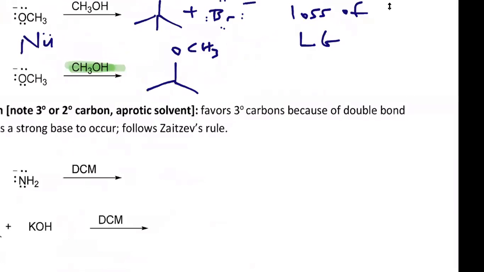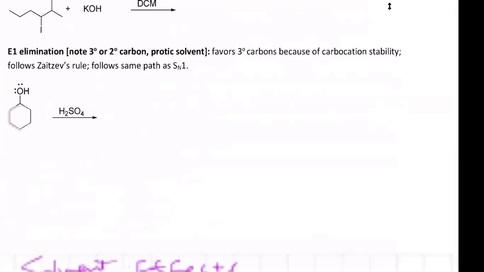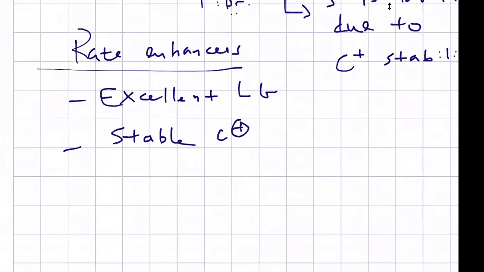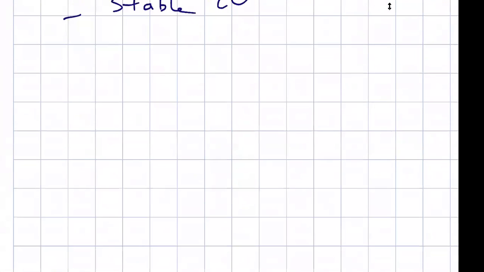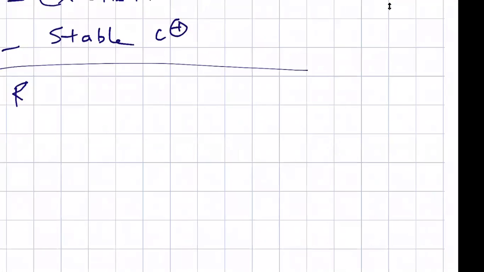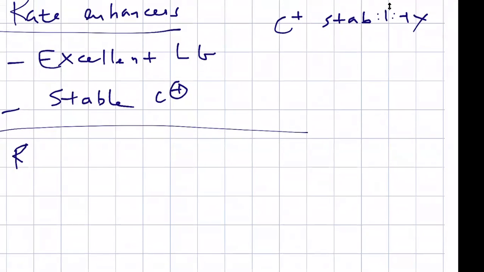All right, let me give you another example for the SN1. If the SN1 happens at a chiral center, you're going to get racemization.